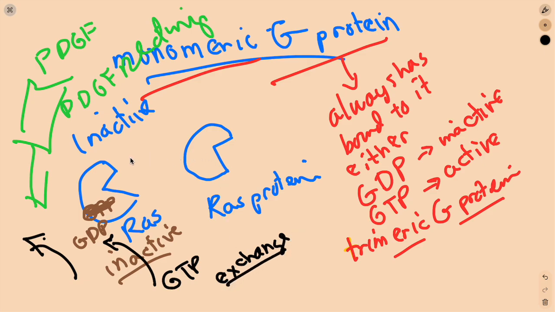So now it's active, and we draw GTP here. And it's active. See, the way it got activated was an exchange of molecules. There was a GDP, and it let go of that one and grabbed hold of GTP. So an exchange of molecules.